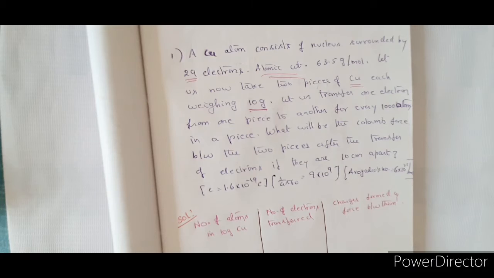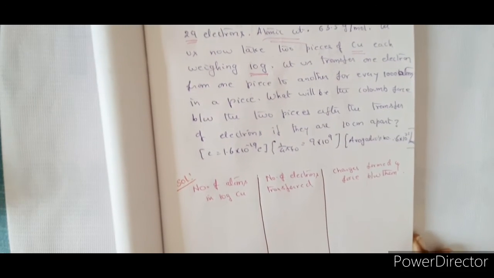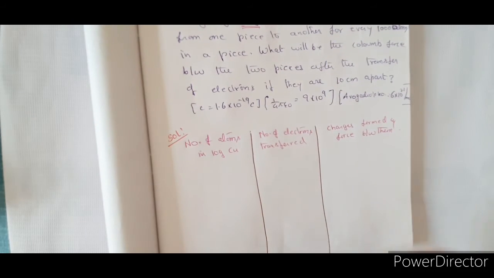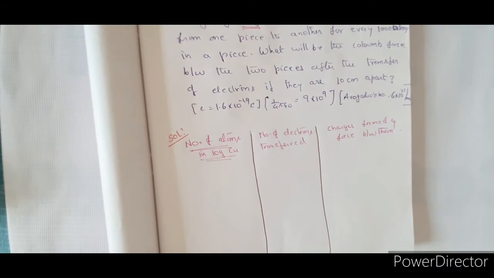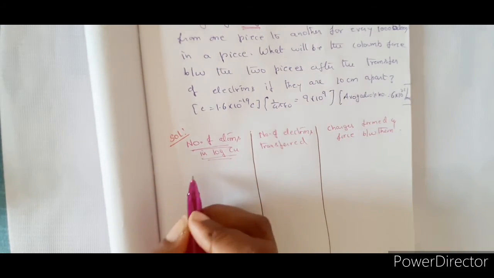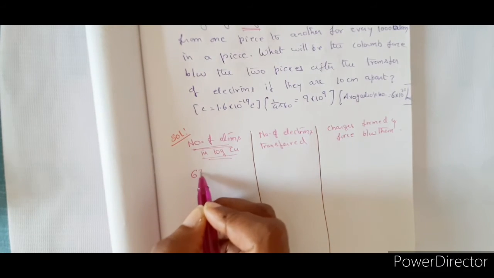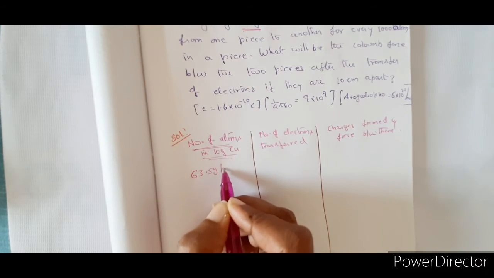What are the parts that are very essential here? First of all, we have to find out the number of atoms in 10 gram of copper. The atomic weight of copper is given as 63.5 gram per mole.